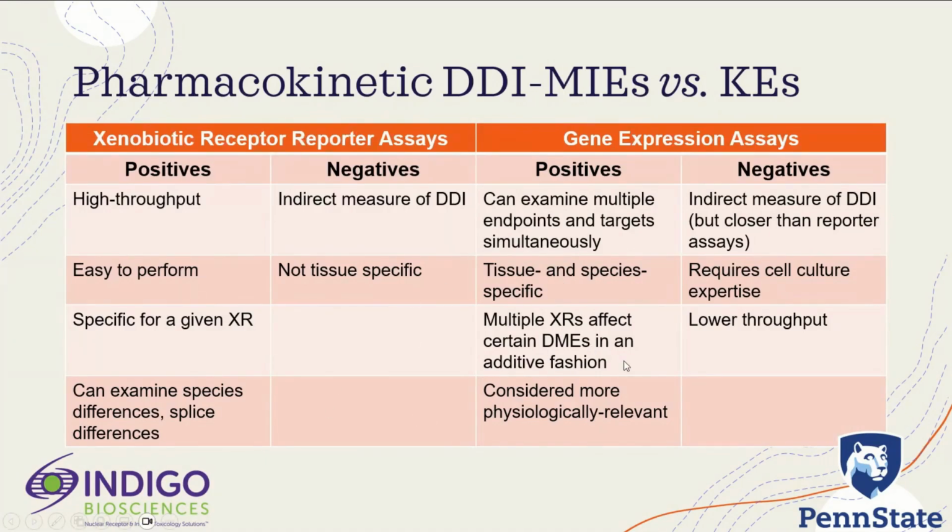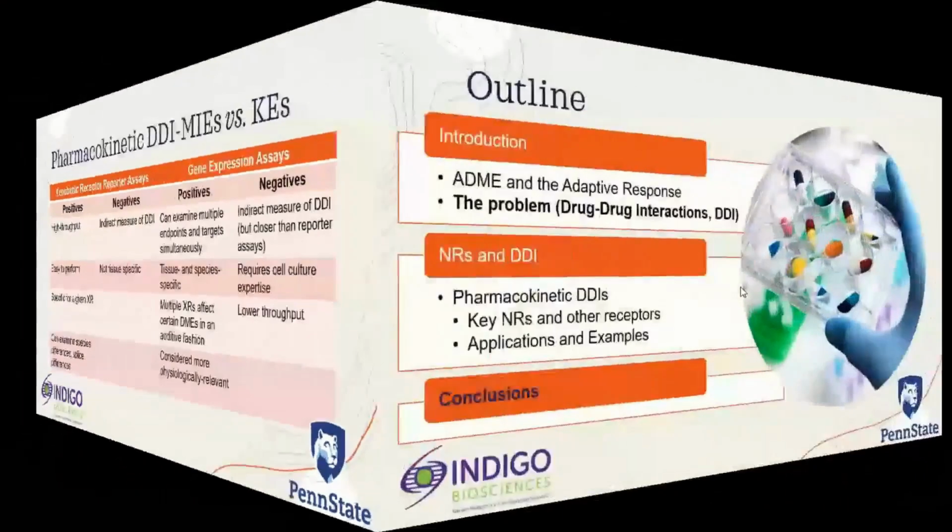You get an increase in sensitivity in some regard because you have multiple receptors regulating the same drug metabolism enzyme, so you get an additive effect across multiple pathways. These are considered more physiologically relevant. They're a step closer to the adverse outcome. But they are still indirect because you're not actually measuring the adverse outcome itself, though it is predictive of that. It does require more cell culture as well as other biochemical and gene expression techniques, and certainly lower throughput.